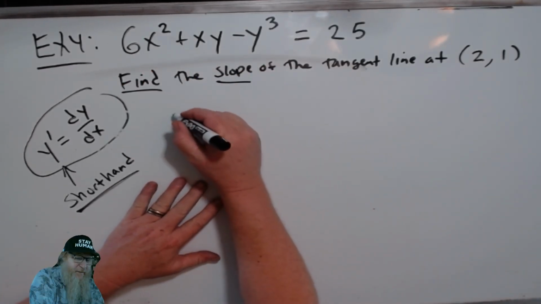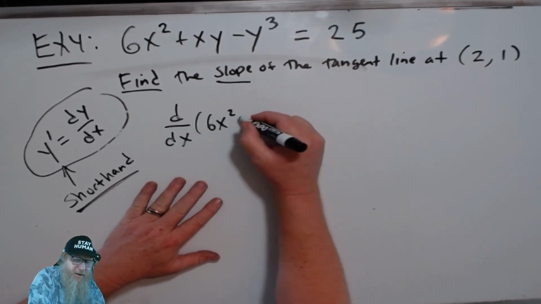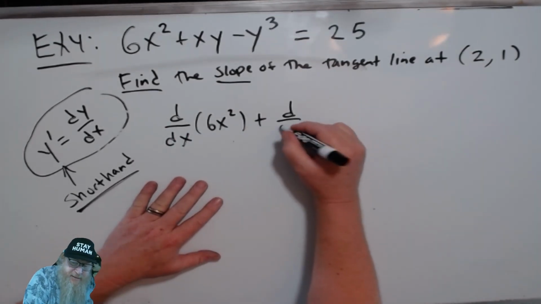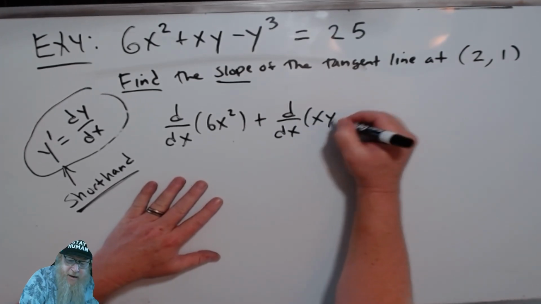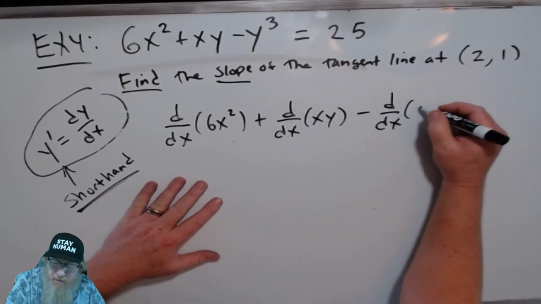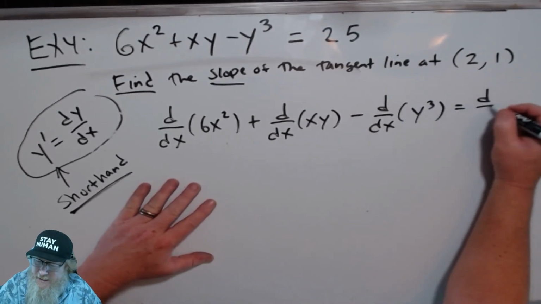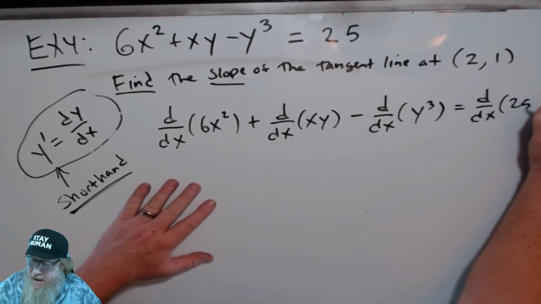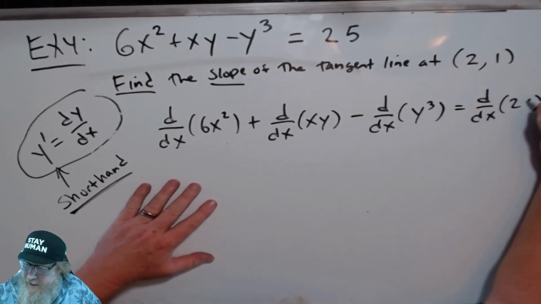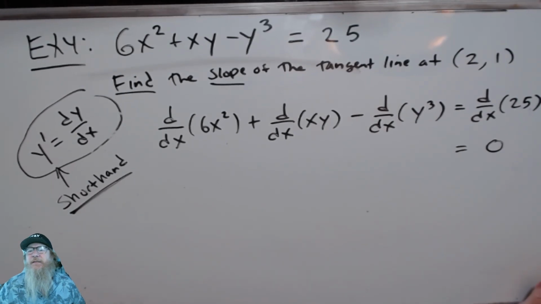So we've got d/dx of 6x squared plus d/dx of xy minus d/dx of y cubed equals d/dx of 25. And that's going to be 0 again. Yeah, the right-hand side 0 again.